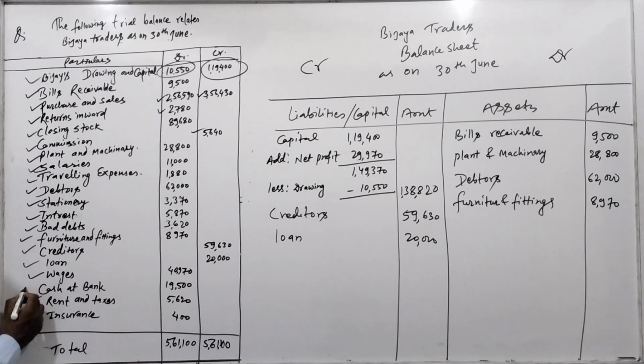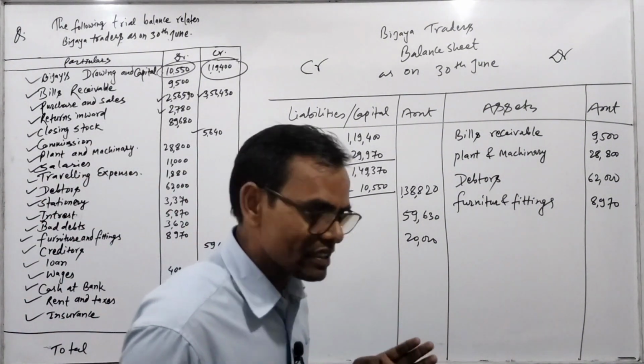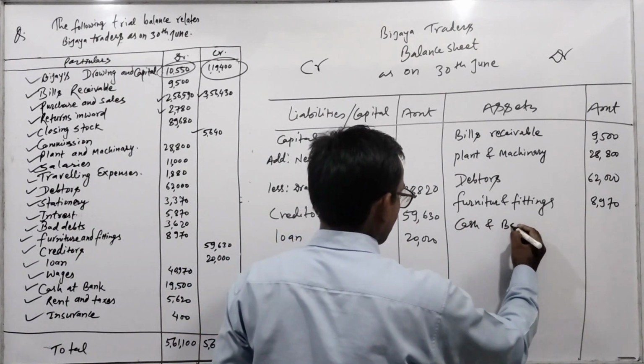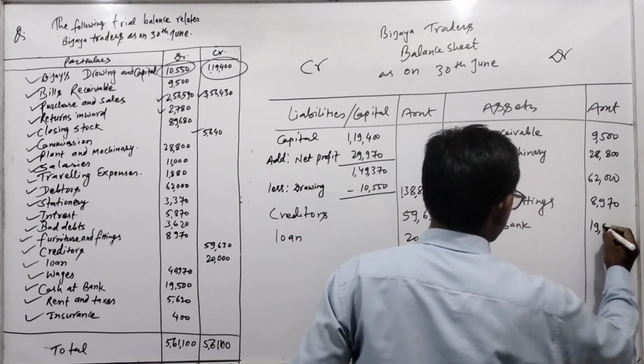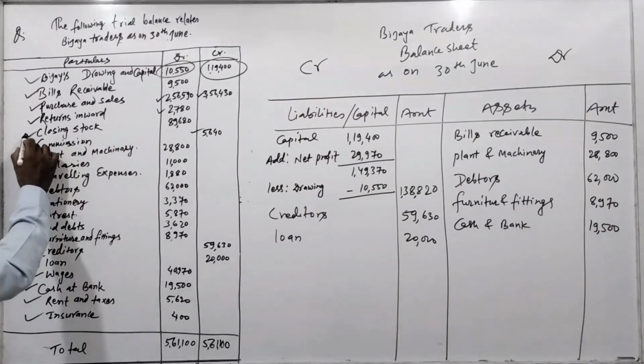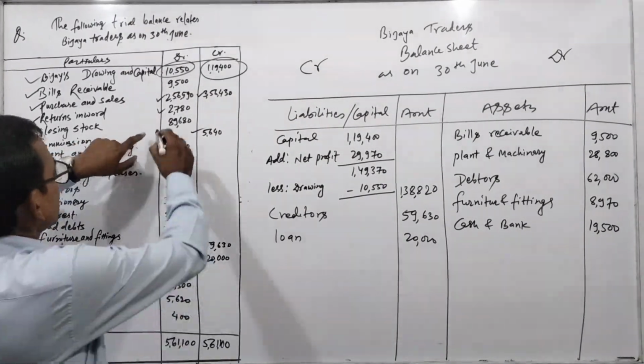No. Here cash at bank is remaining. So cash and bank is a current asset. So you have to write on the asset side, cash and bank, 19,500. I think one point is remaining, closing stock.